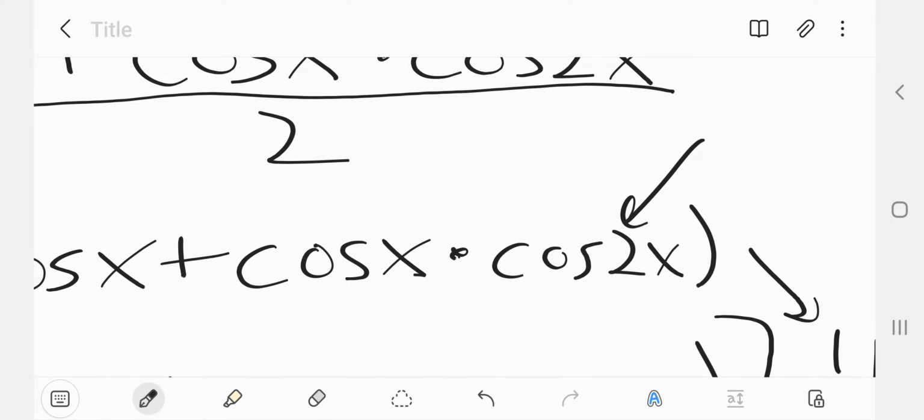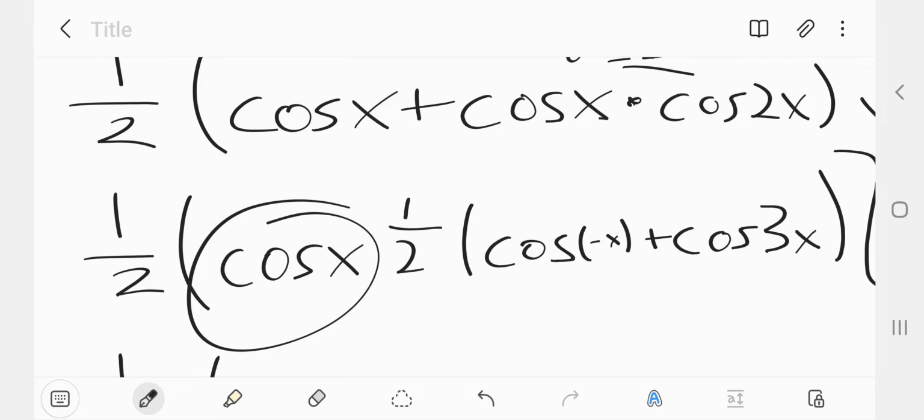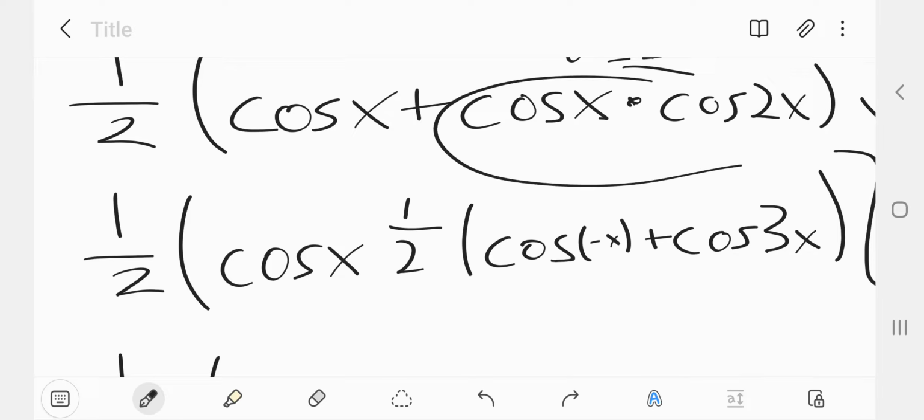Okay, so we know this. Now what is it telling us? So the first part is u minus v. So that'll be 1 minus 2. Can't forget the 1/2 on the outside. So when we come back here to simplify it, it's 1/2 still from the outside there, cosine x still from there, plus, and then now we're breaking this up into 1/2, that is from that 1/2, cosine, and then we have to do u minus v.